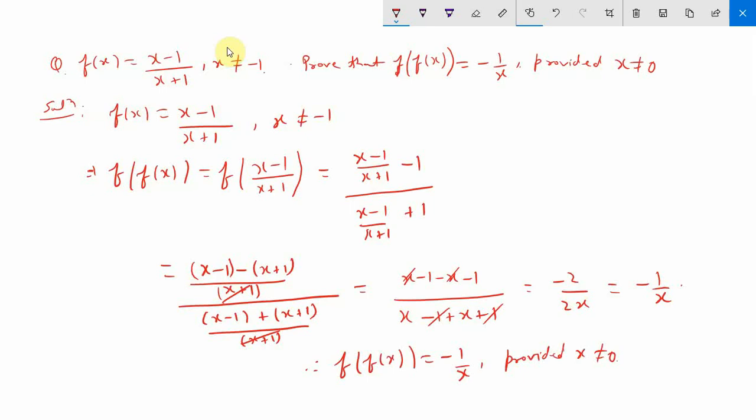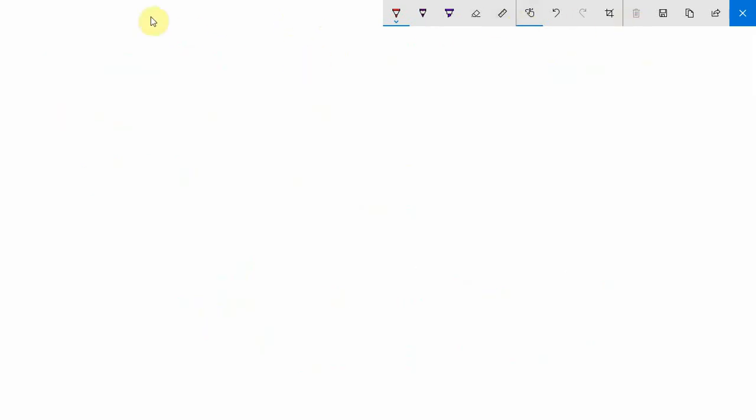Okay friends, so next we will discuss domain of real functions. Already we have seen what is domain. Now we will see domain of real functions.